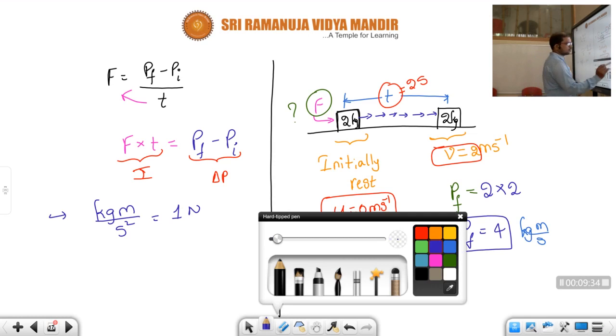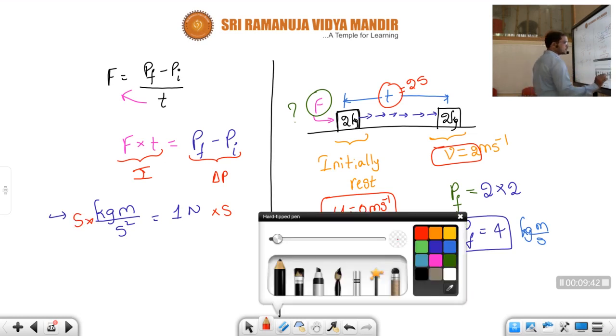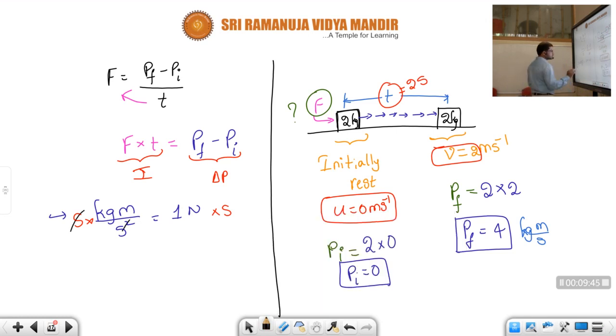Now let us multiply both sides with s. So here we can do cancellation. s and s get cancelled. So what we get finally, children? Kg meter per second is equal to Newton second.